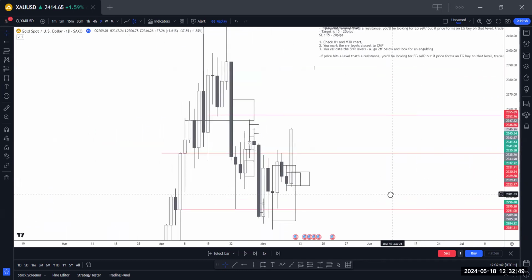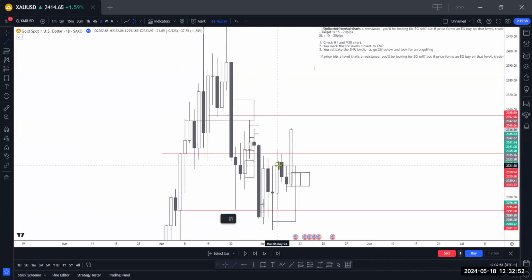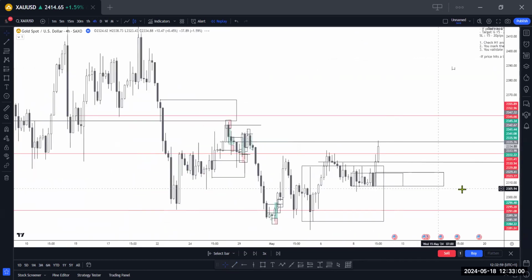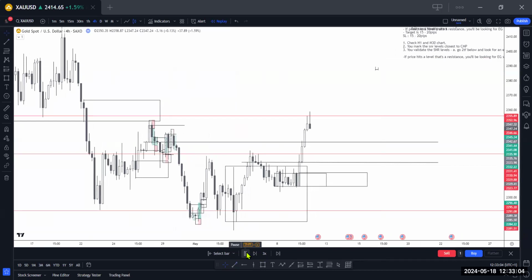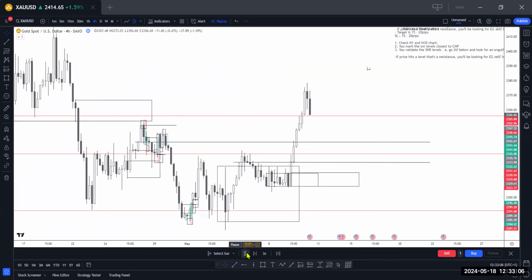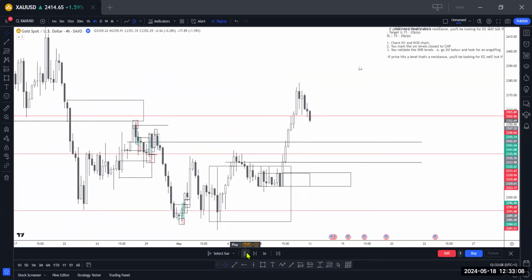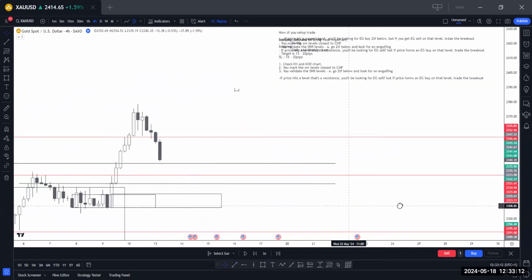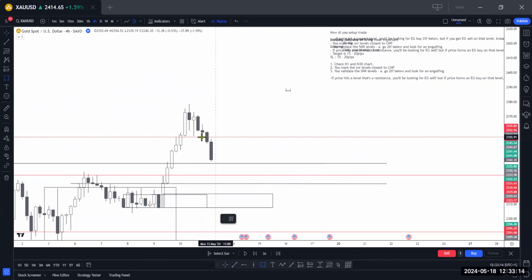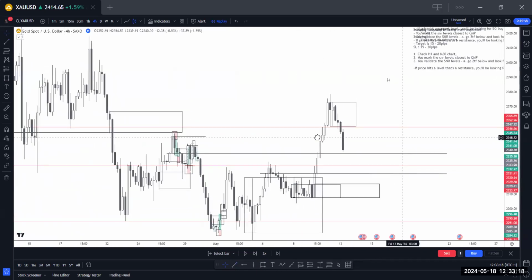On the daily, I mark new external levels that are forming, this level and this level. So I'm looking for an H4 engulfing to form on those levels for me to entertain at all. Price keeps going up, then starts to sell, and when we start to sell, we have this beautiful H4 engulfing sell, right?